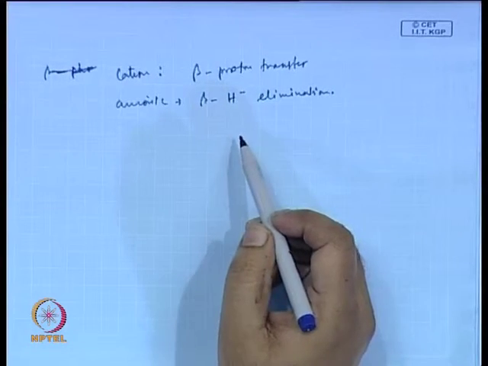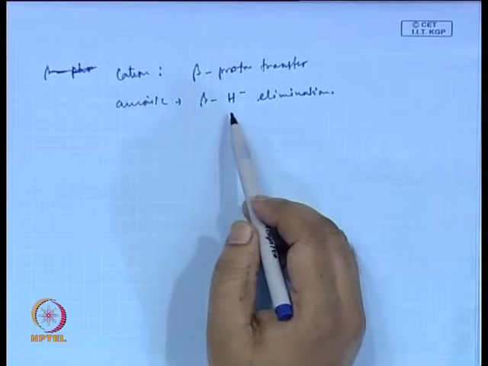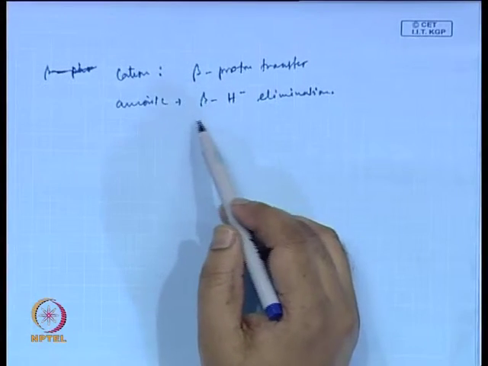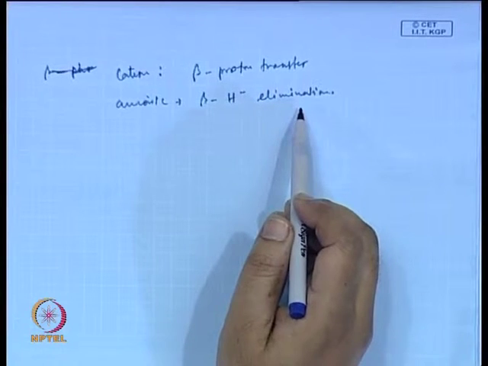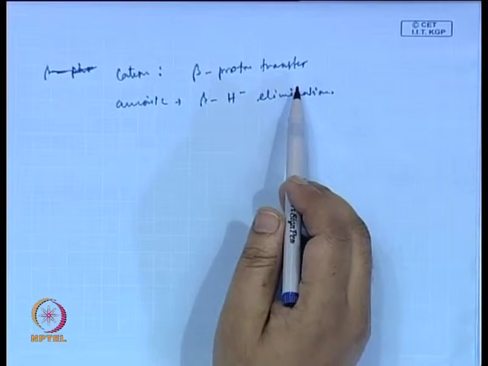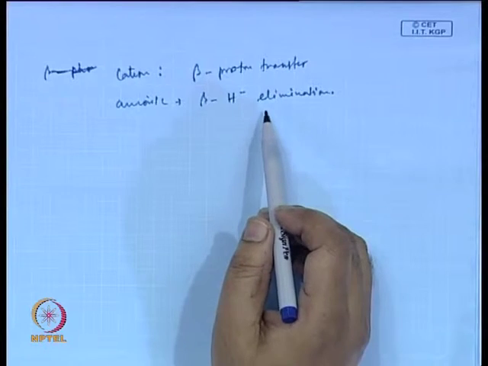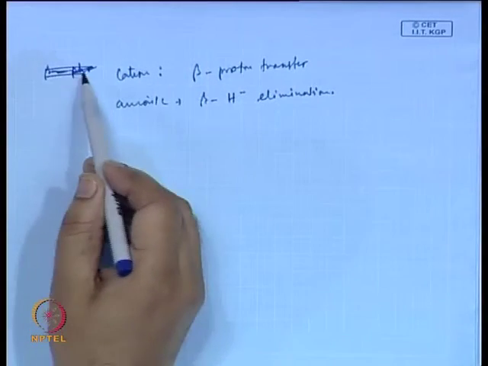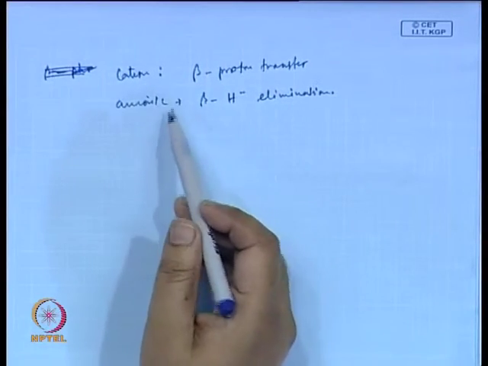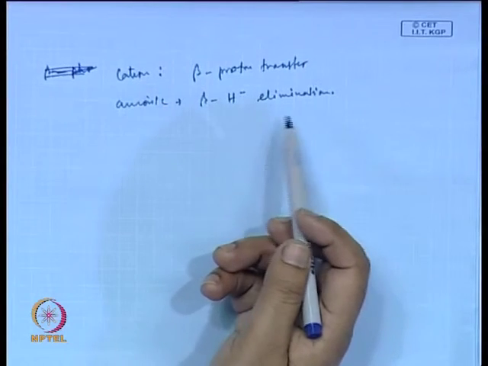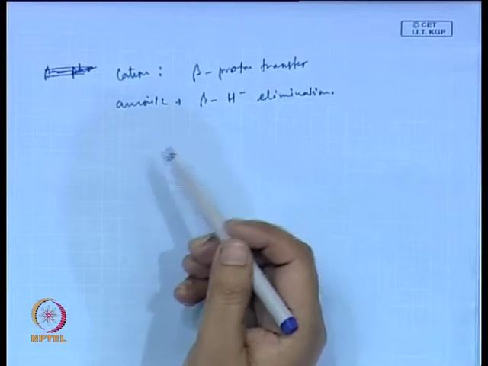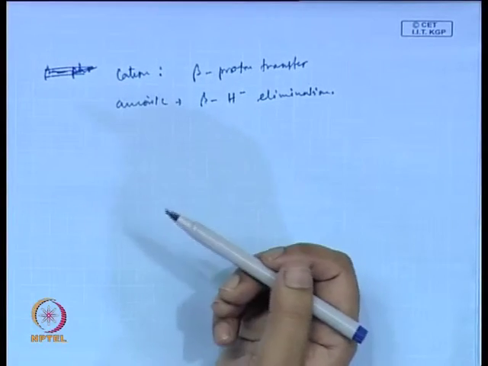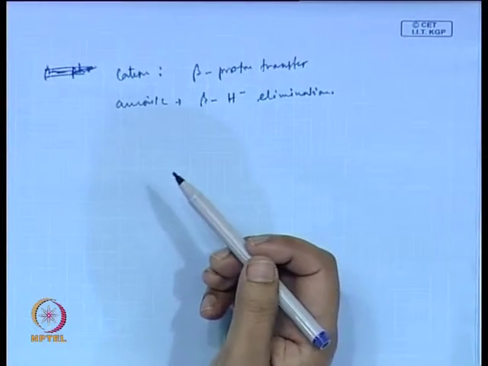So, the extent of transfer reaction for anionic polymerization is much less compared to cationic polymerization, which means that the side reactions and chain transfer reactions are very few if you have a very pure monomer and moisture free environment.